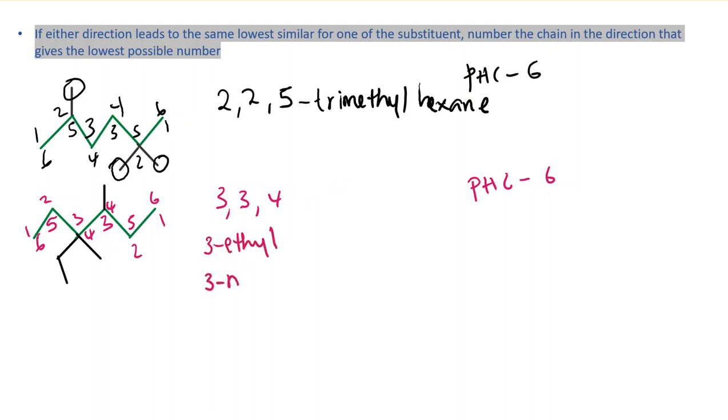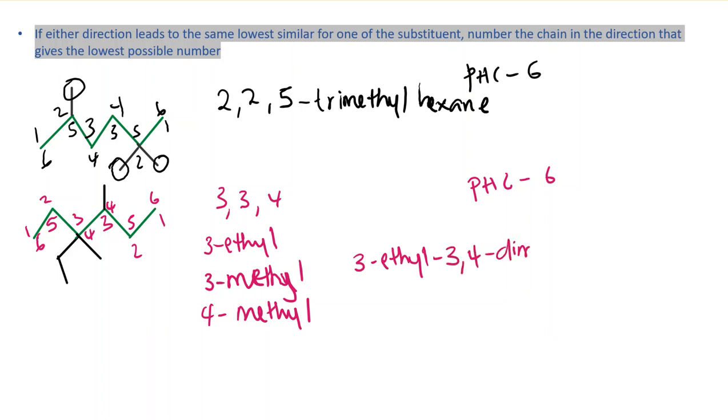We have a 3-methyl, and we have a 4-methyl. So we're going to name it alphabetically. So 3-ethyl, because E comes first in the alphabet, and then 3,4-dimethyl hexane.